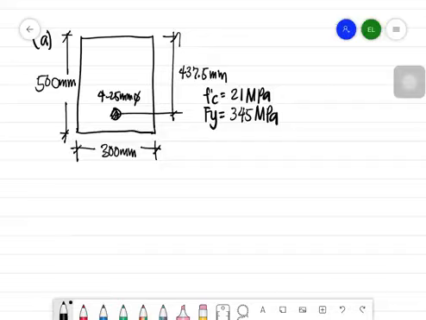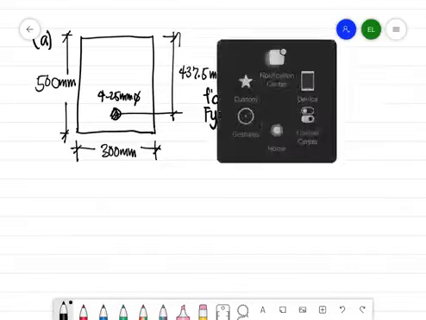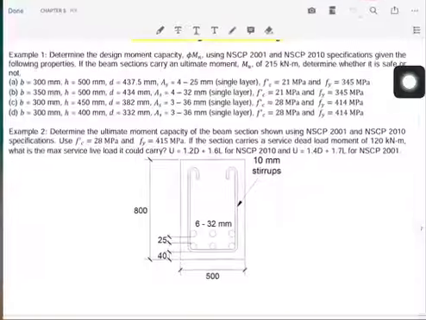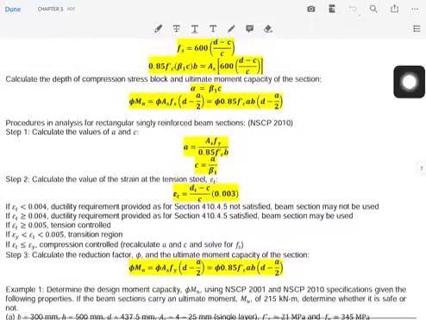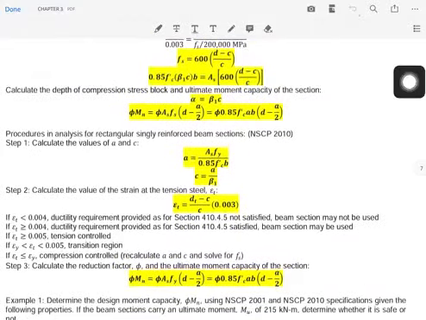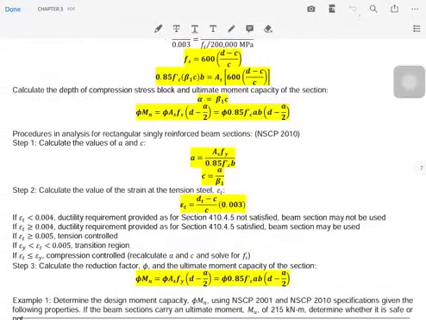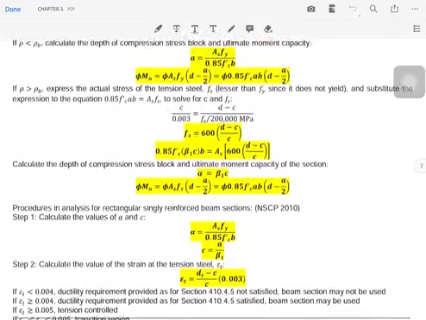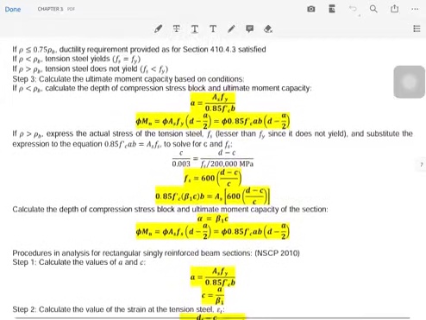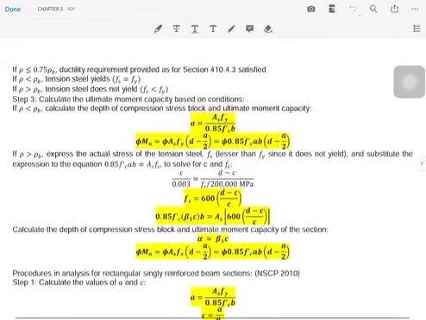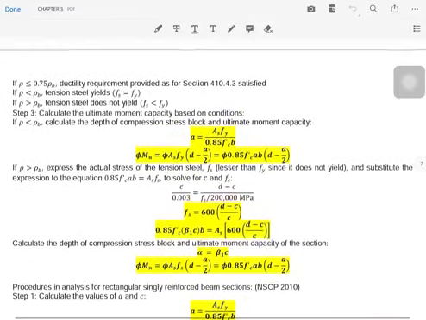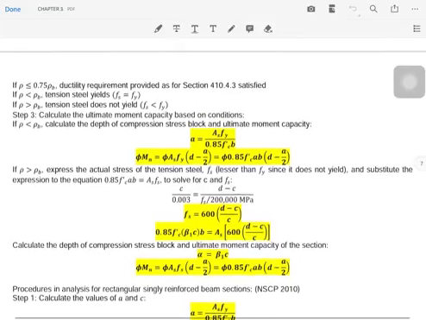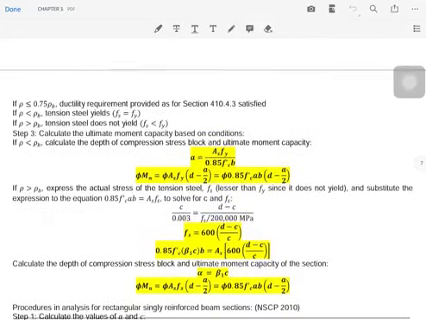Now let us solve this problem. For the first procedure, as discussed last time, I'll be solving this problem using NSCP 2010 alone. Solving it in NSCP 2001 will be your task. Do not worry, because the answer or the phi Mn that you will be getting is the same.